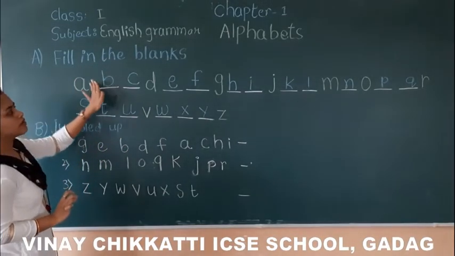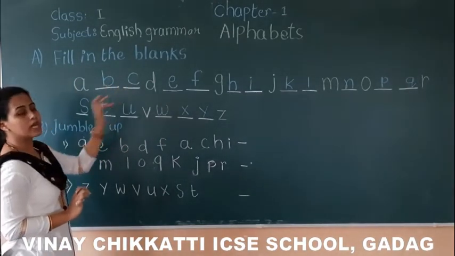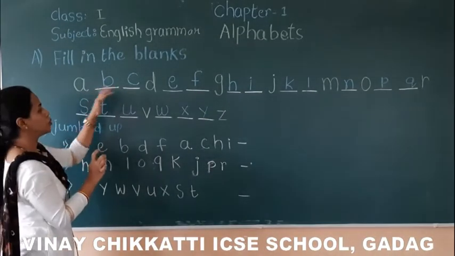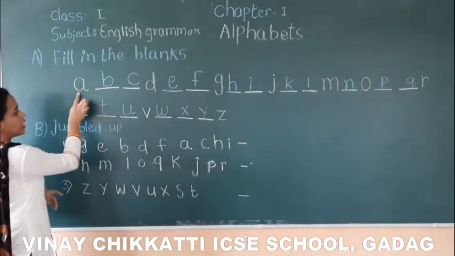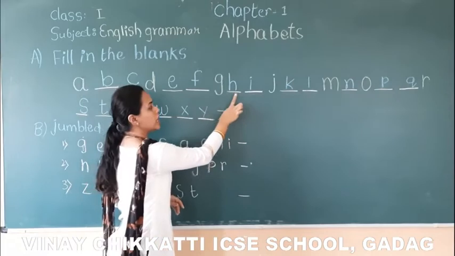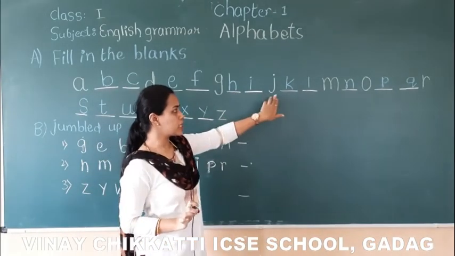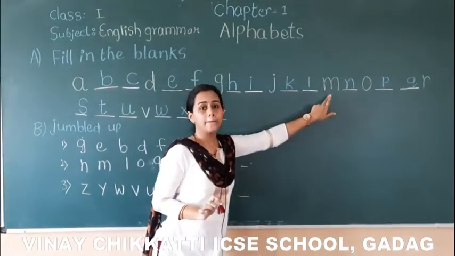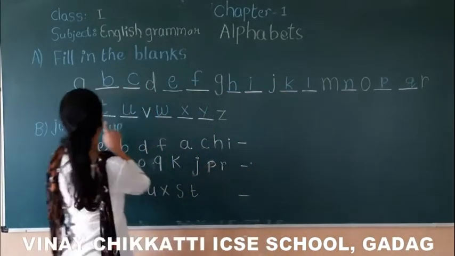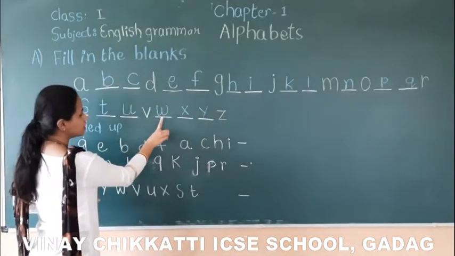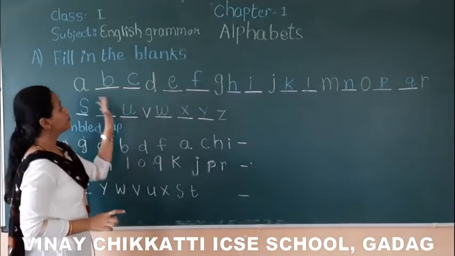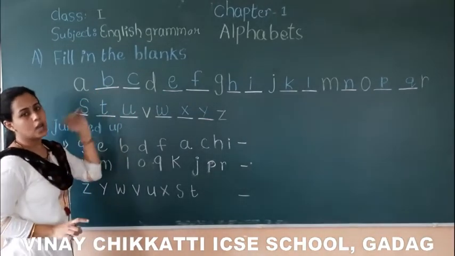Where you have to fill in the blank, see, there is a space, so you have to write between these. Now see, A, B, C, D, E, F, G, H, I, J, K, L, M, N, O, P, Q, R, S, T, U, V, W, X, Y and Z. Okay, we have already filled in the blanks.